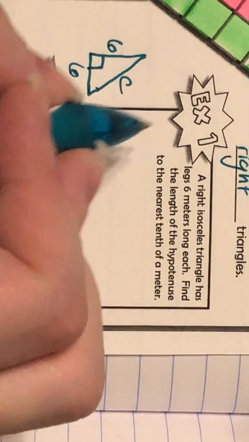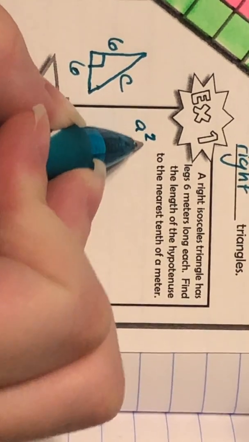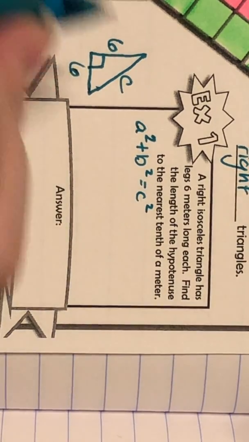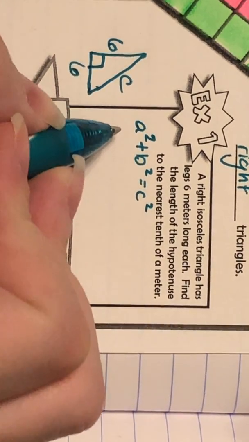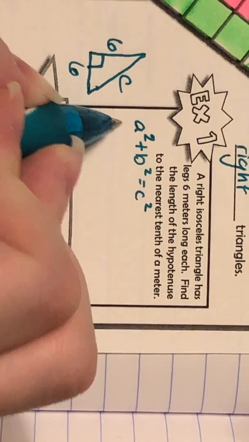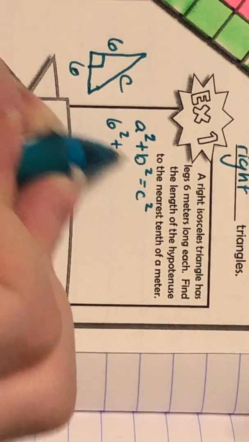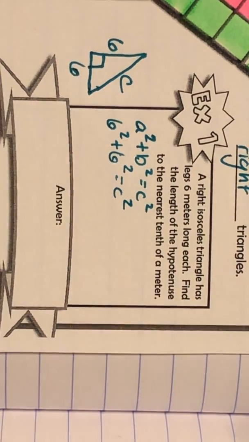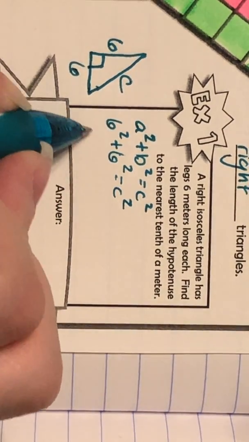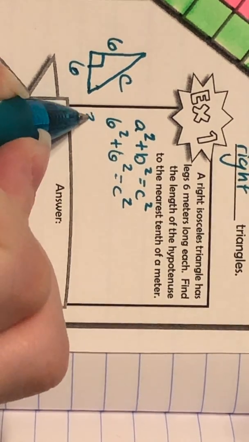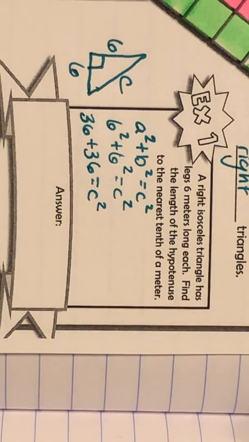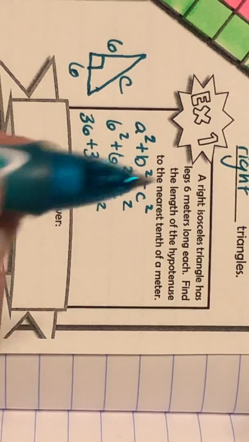So my formula: a squared plus b squared equals c squared. A is 6, so 6 squared, plus b, which is 6 squared, equals c squared. 6 squared equals 36, plus 36 equals 72.